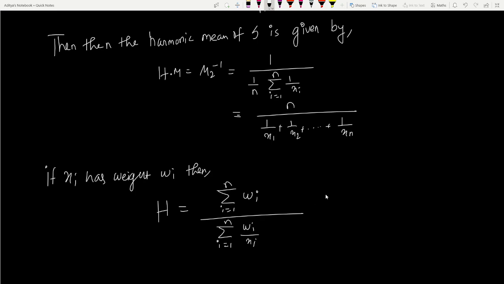So this is the weighted harmonic mean. Correct?